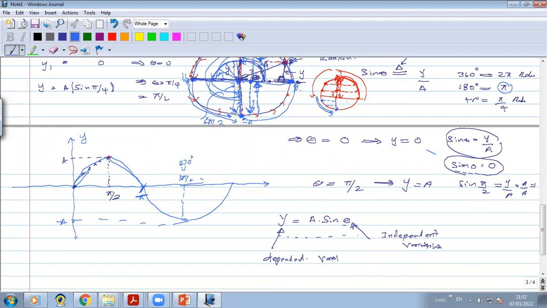Okay. So what is the theta value here? Now theta has traveled one total circle, one total round, from here to here. So what is that value? It is 360 degree. In other words, it is 2 pi radians. So this point is 2 pi radians. So what happens if this theta is again traveling here? You will get the same like this. And again, if another round goes, you will get another like this.